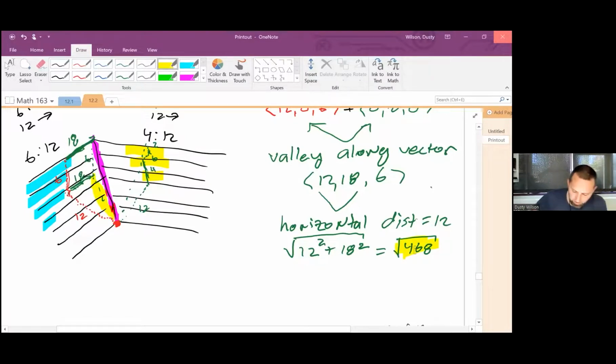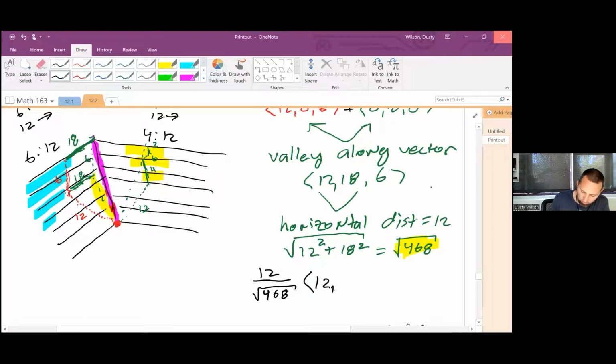Okay. And so if we want to make that distance a length of 12, we want to figure out what vector we're working with. We would need to give our valley a length of 12, divide by that square root of 468 to make sure the length is perfect.